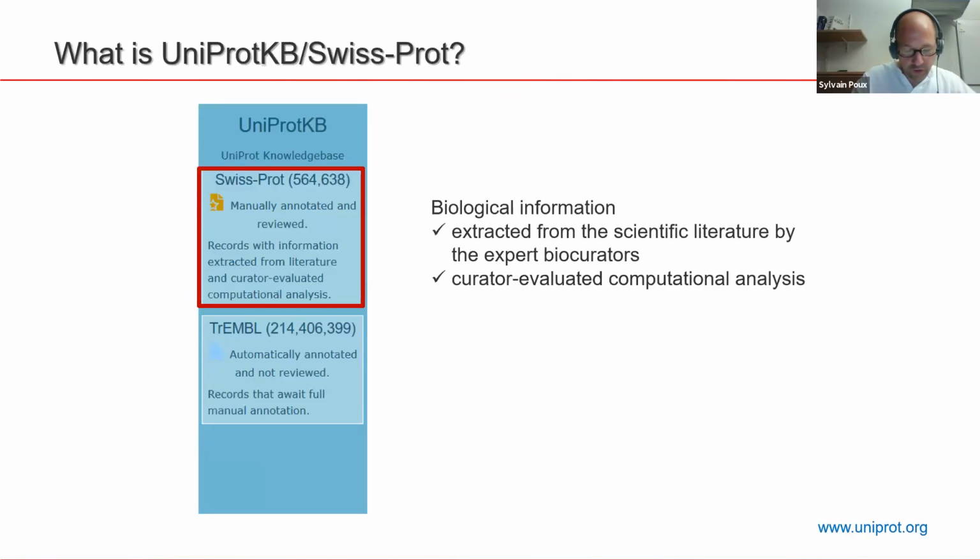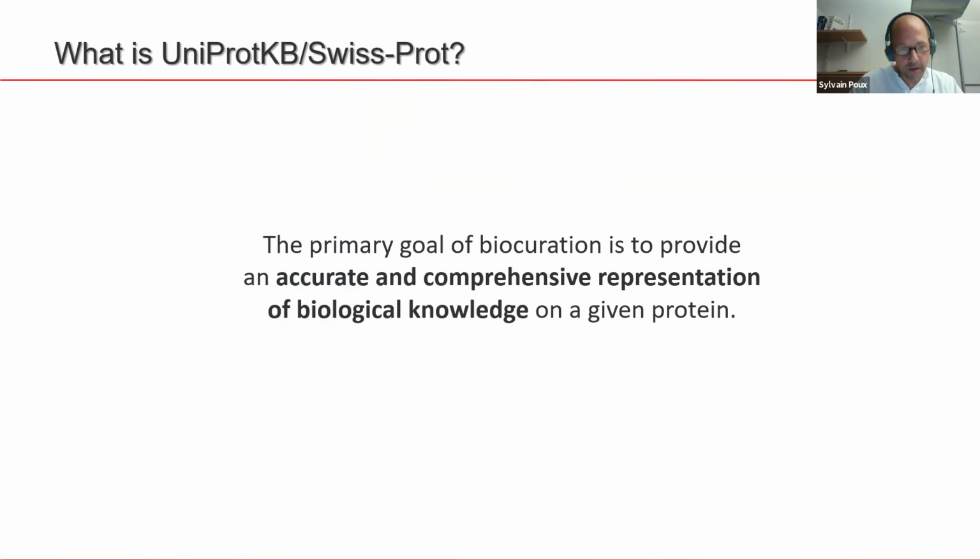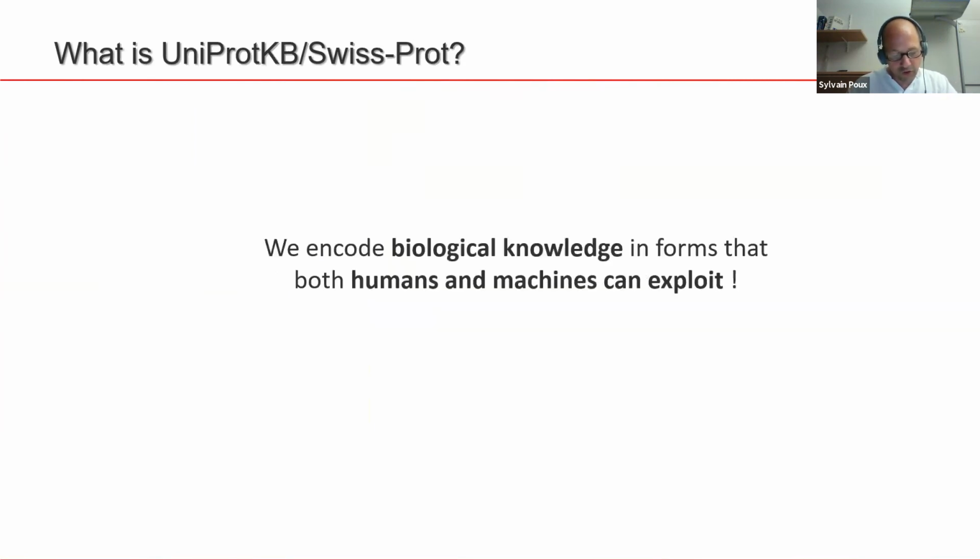In the Swiss-Prot section, the biological information is extracted from the scientific literature by expert biocurators or comes from curator-evaluated computational analysis. In order to provide an accurate and comprehensive representation of biological knowledge on a given protein, and to make this data accessible to the life science community, we encode biological knowledge in forms that both humans and machines can understand and exploit.